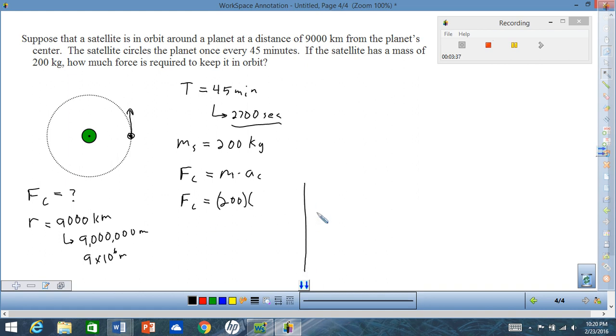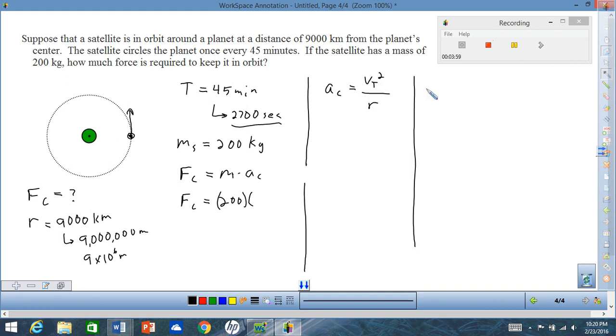All right, well, that might stop a lesser student, but not us. We'll go ahead and just calculate it as well. Now, ac is equal to the tangential velocity squared divided by the radius.